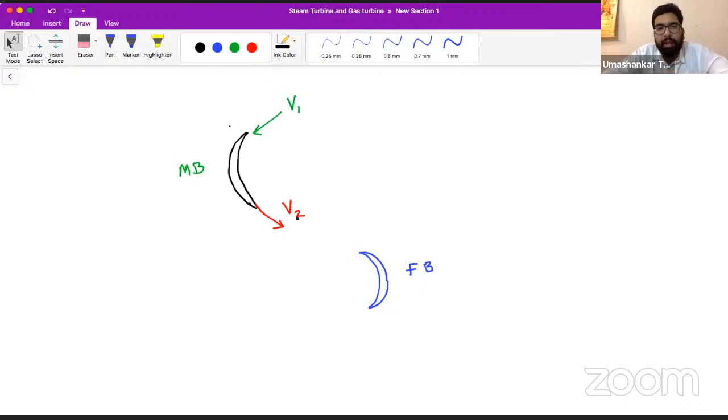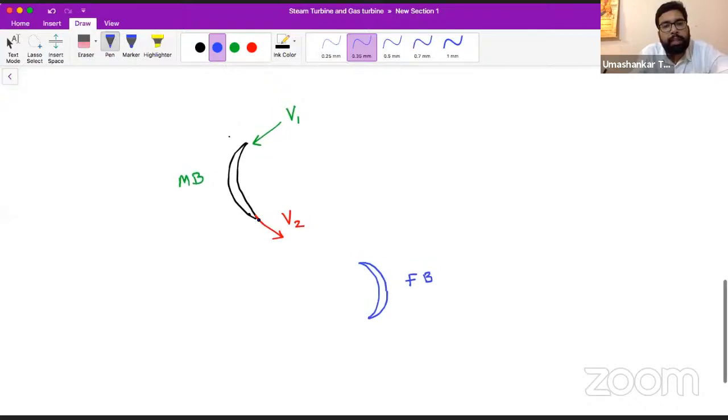So whenever we call V1, V2, we refer to the absolute velocity of steam, right? Now the steam exiting from this moving blade will go to this fixed blade.